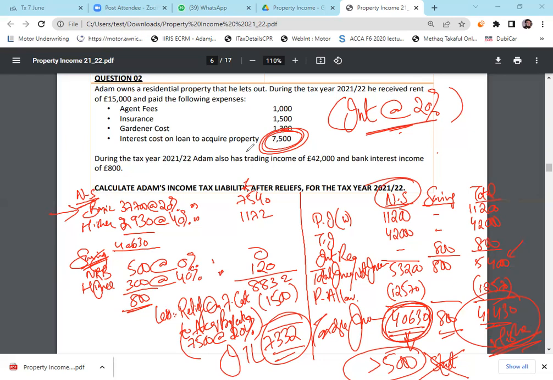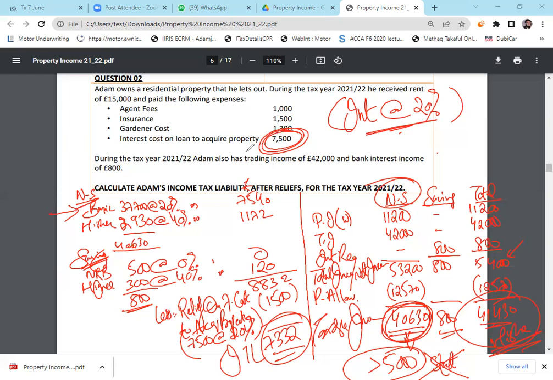See, Uzma, earlier 8,832 was called income tax liability. But if we have interest on loan and the loan must be taken in order to acquire property, this interest is not an allowed expense from property income. As you saw, we wrote zero while we were calculating property income.